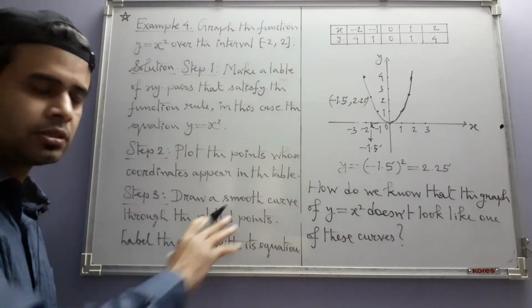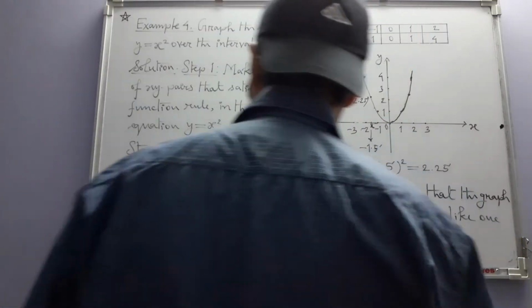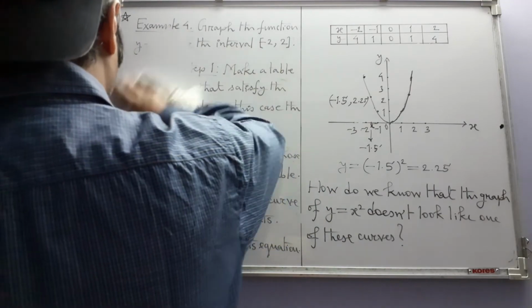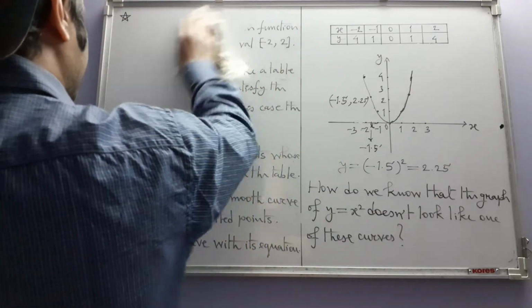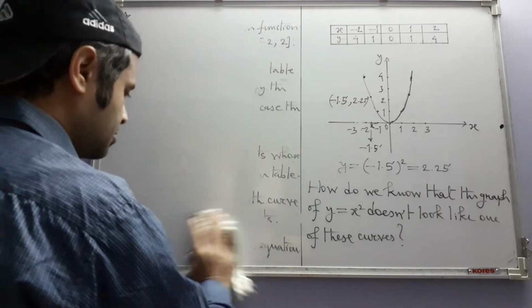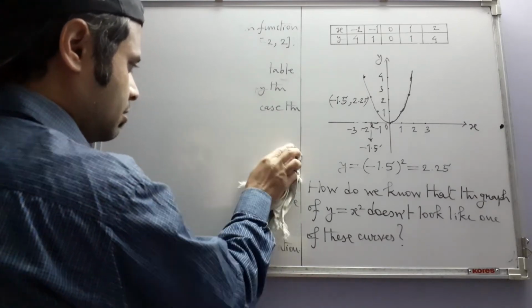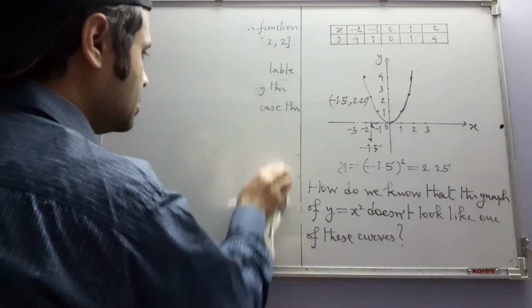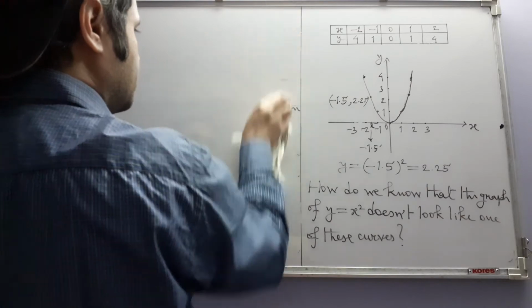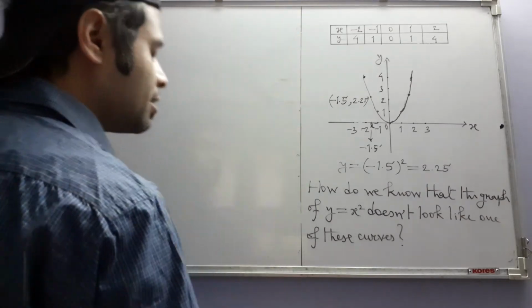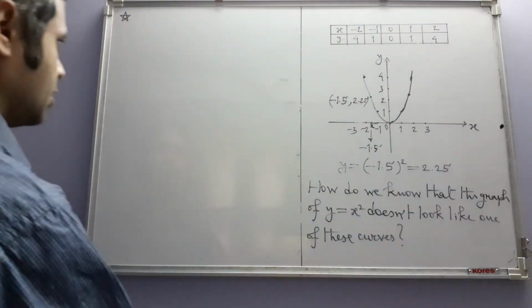Some such very ugly looking curves are there, all of which pass through the plotted points in the text, but none of them is this graph, like the one we have drawn just now.